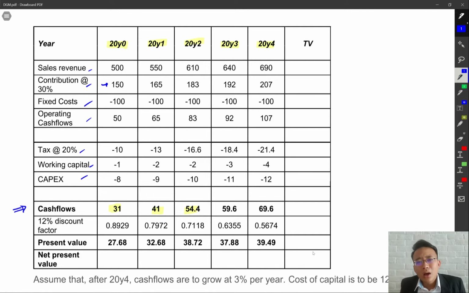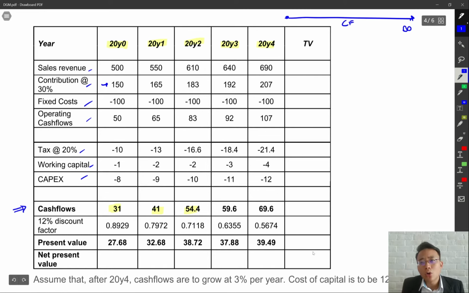Right? In practice, what we have assumed then is the going concern assumption. We assume that your cash flows, even after 20Y4, you continue on and you stretch to infinity. You last forever. You are a going concern. In that case, how do I value all the cash flows from Y4 to infinity?